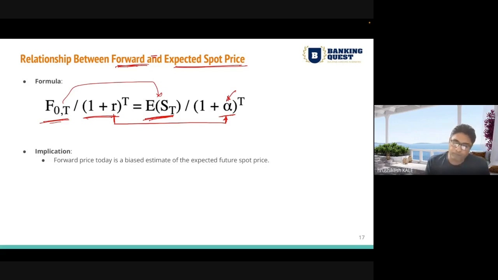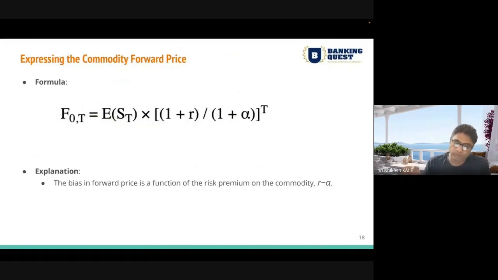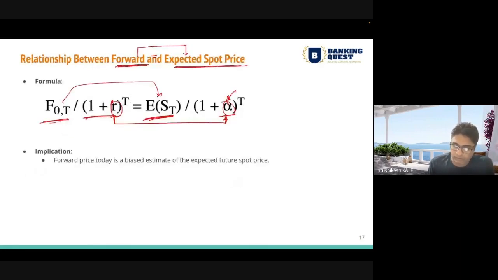Now, most of the time, rather always, forward price should be equal to expected spot price. Therefore, this R and this alpha should be equal. We will see that. Now, expressing the commodity's forward price. So, forward price is equal to expected price. We have taken this value from this example itself.